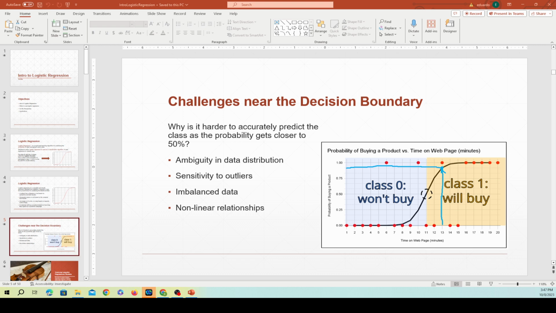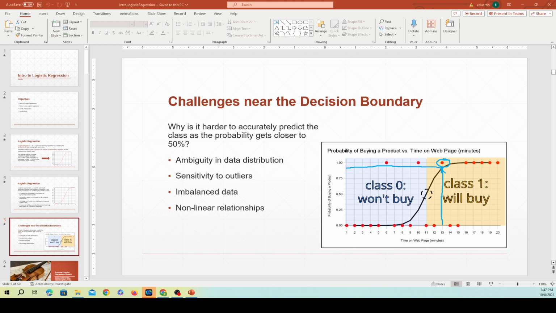So this is saying that if they spend 13 minutes on the website, the probability of them buying the item will be almost 90%. So it is going to be classified as predicted that they will buy the item, with a probability of 90% of being correct. That's what it means. That's how we can interpret the logistic regression. Okay?